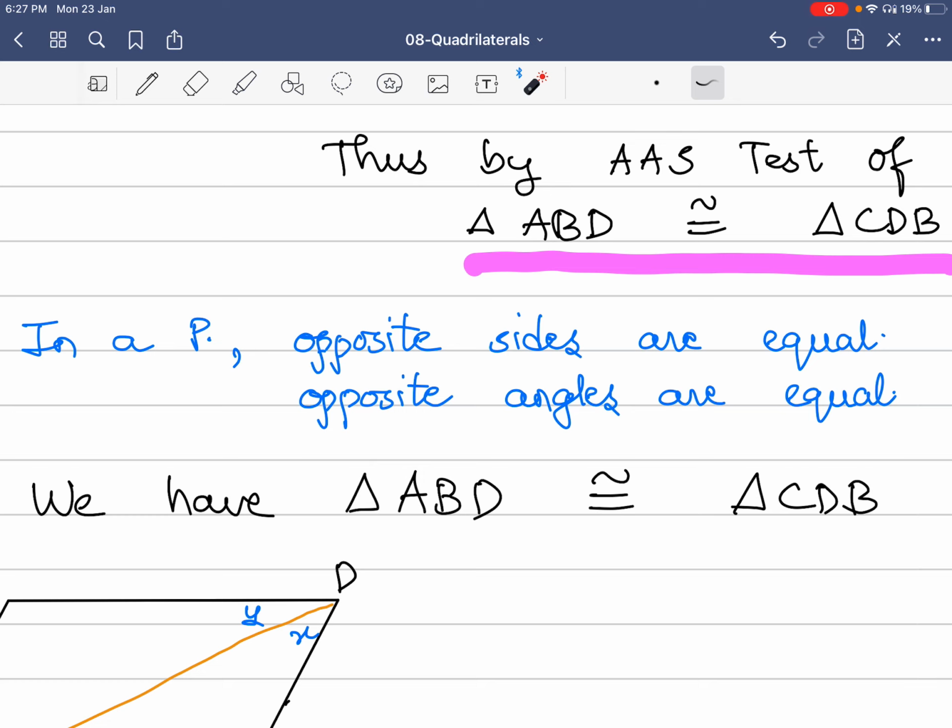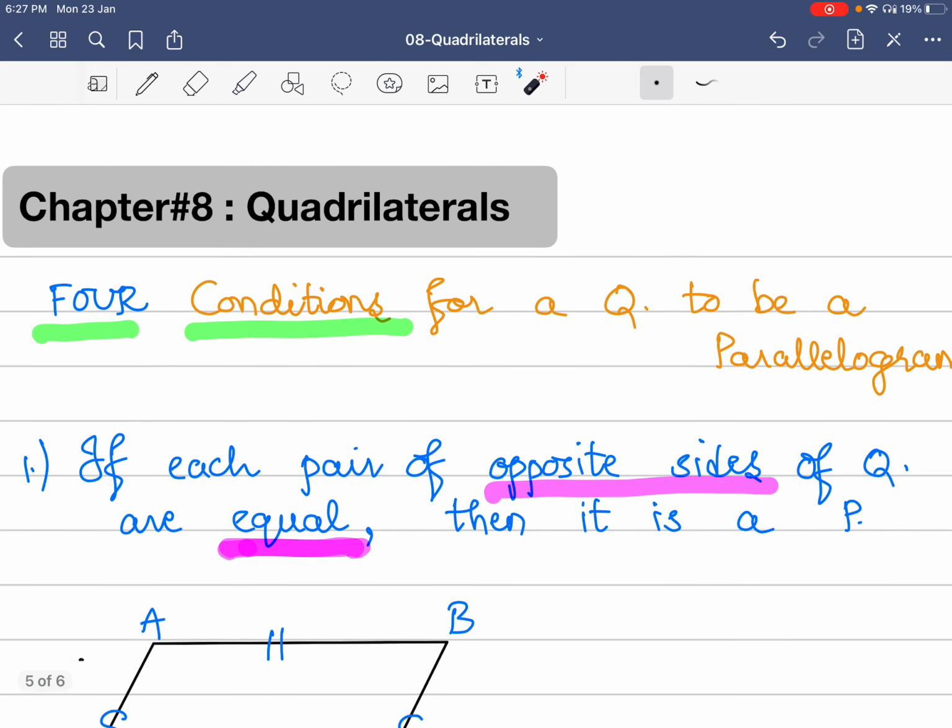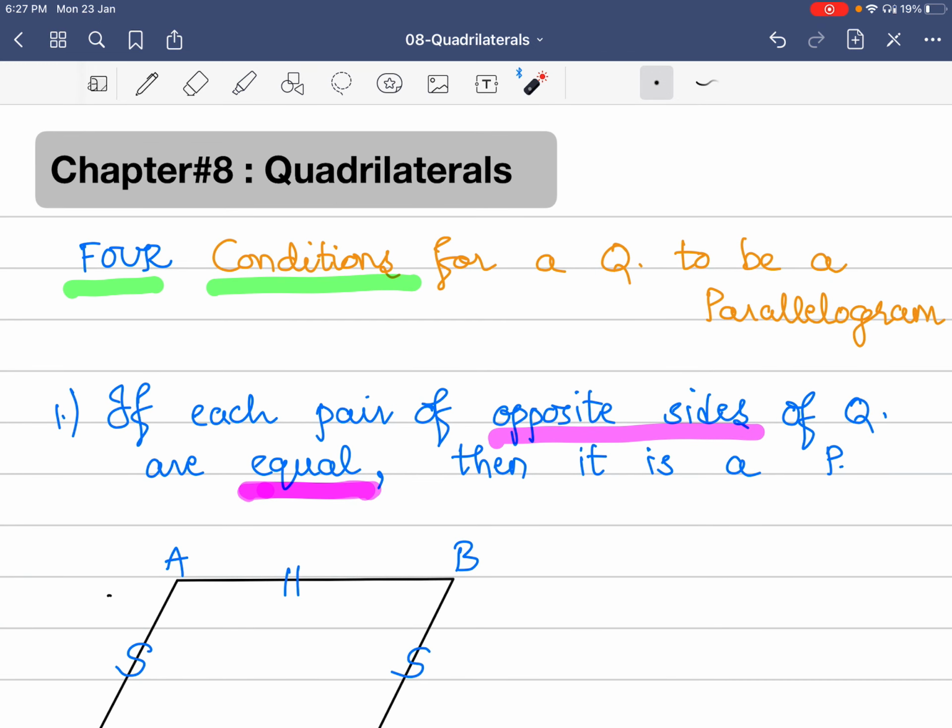So if a parallelogram is given to you, then the opposite sides are equal. In this condition, it's exactly opposite. Here we say that if the opposite sides are equal, then it is a parallelogram. Not only this condition, but even the next conditions you will see are the converse of the properties of the parallelogram, which we saw in the previous video.